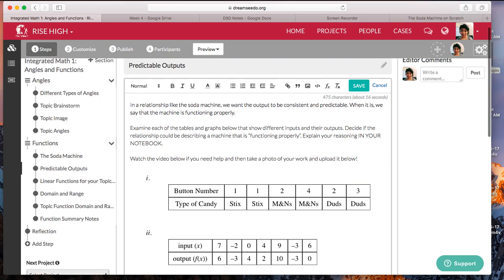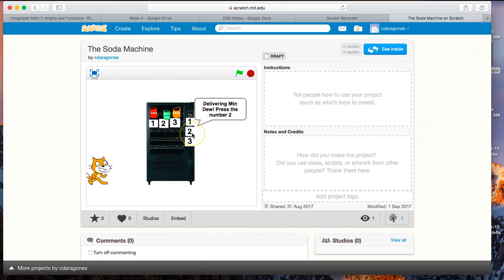So, you realize with this soda machine that there are times when pressing number 2 would give you Mountain Dew. And if you wait and try the other things, you notice something when you try the Mountain Dew again.